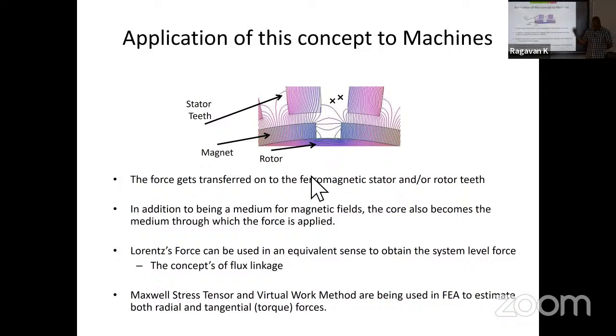So based on what we discussed today, we can say the core material is not just a medium for the magnetic field, it is also a medium for forces, let it be the normal force, the radially attracting or deforming force, or the torque producing force.